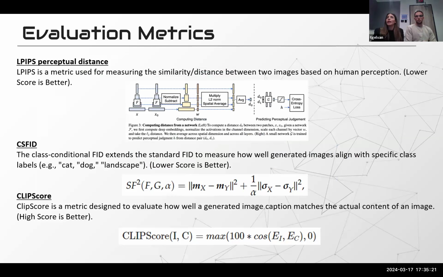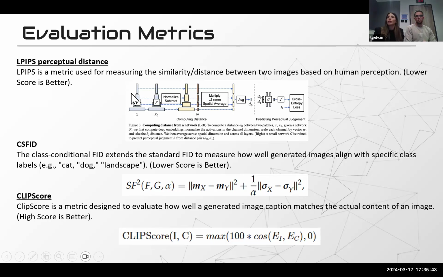Okay, so how do I evaluate the image editing task? We have three main evaluation metrics. The first one is the LPIPS, perceptual distance, which is measuring the similarity or distance between two images. This metric is based on human perception. A lower score is better.